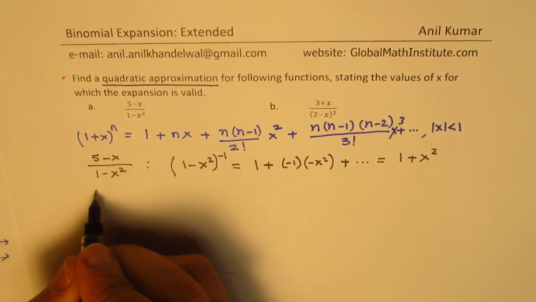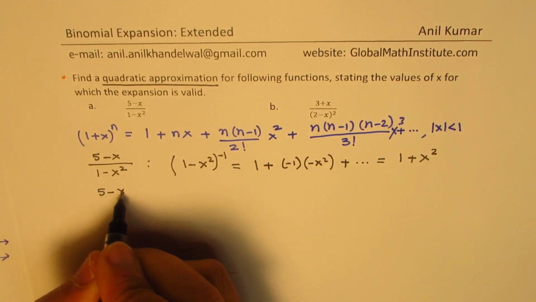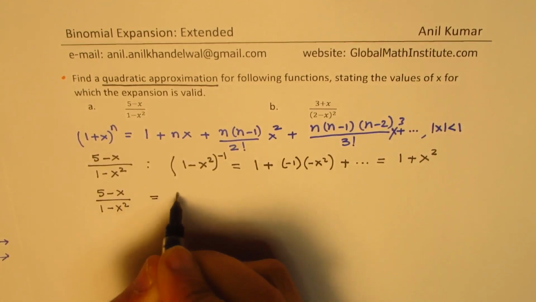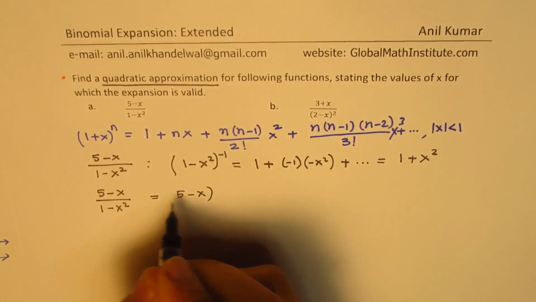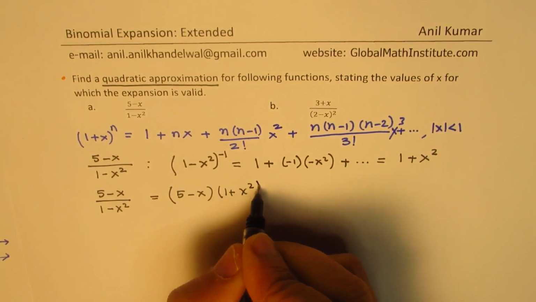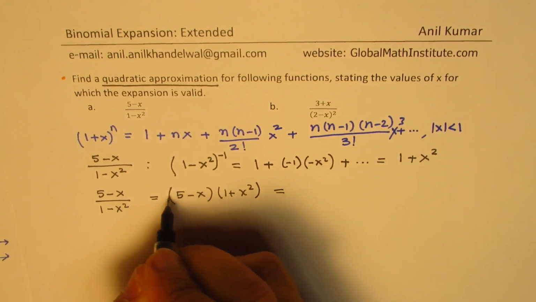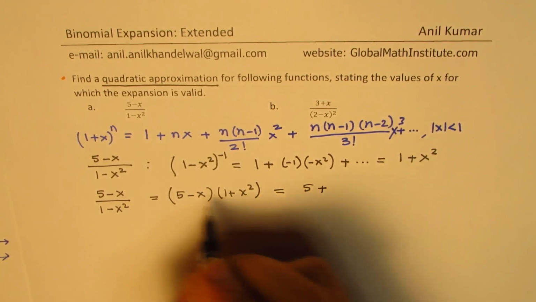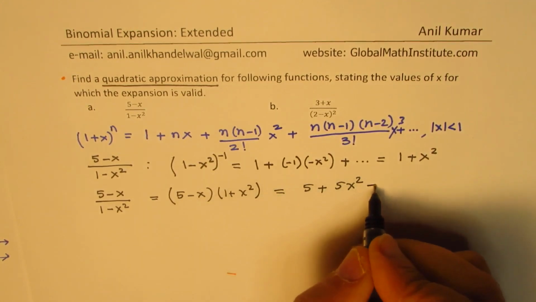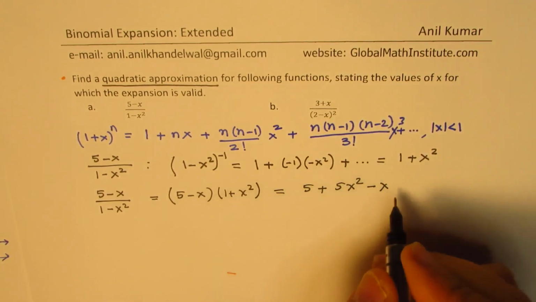Therefore, the term (5 minus x) over (1 minus x squared) can be written as (5 minus x) times (1 plus x squared), correct? Now let's expand this. We get 5 plus 5x squared minus x minus x cubed.